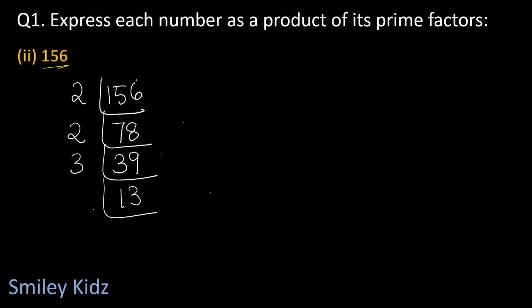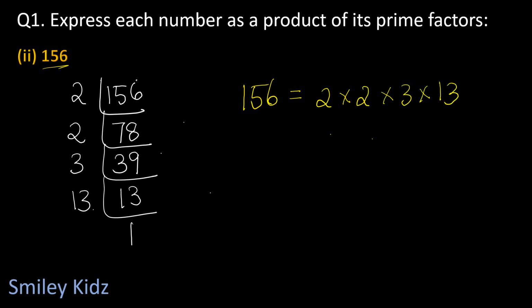Now we also know that 13 is a prime factor. So 13 times 1. Now what will be my prime factorization of 156? Well, that's right. 156 is equal to 2 times 2 times 3 times 13. Now come on, tell me what this is.